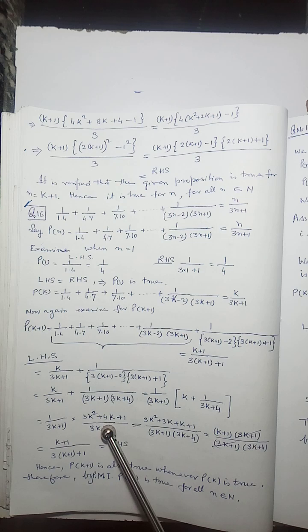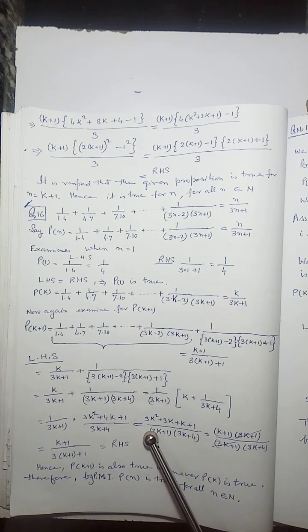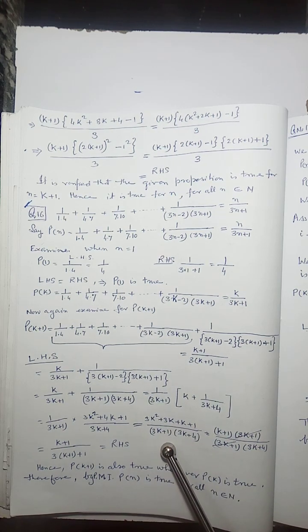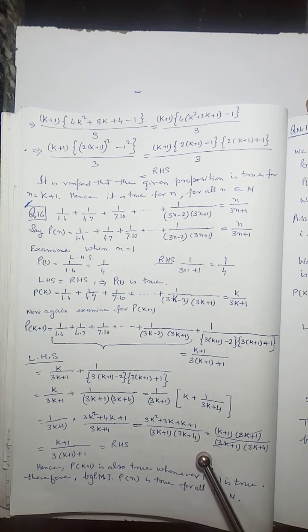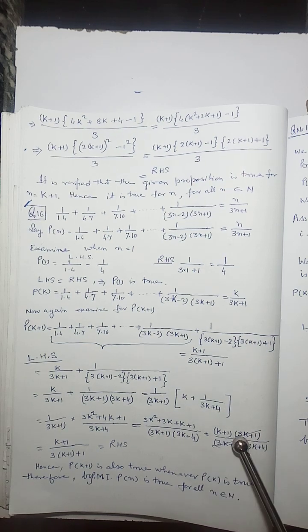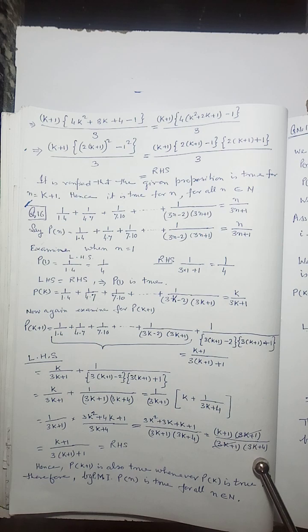You will get 3k square plus 4k plus 1 whole divided by 3k plus 4. Now we factorize it: 3k square plus 3k plus k plus 1 whole upon (3k plus 1) in the first bracket, and 3k plus 4 in the second. So 3k plus 1 and 3k plus 1 will be cancelled. We are left with k plus 1 upon 3k plus 4.